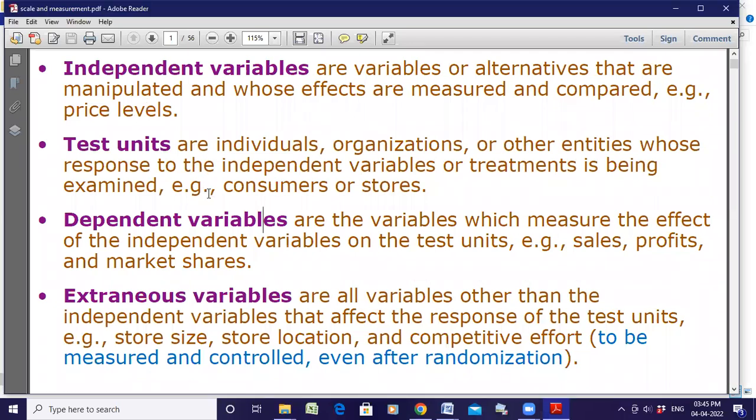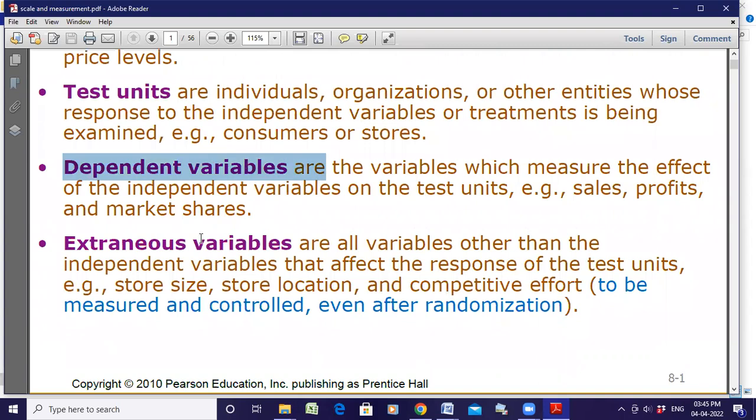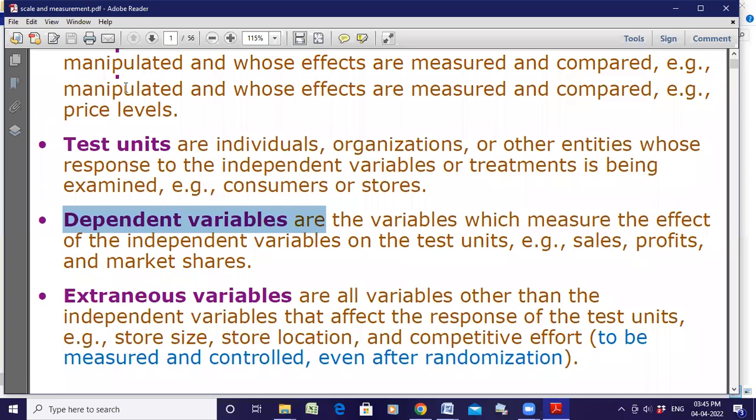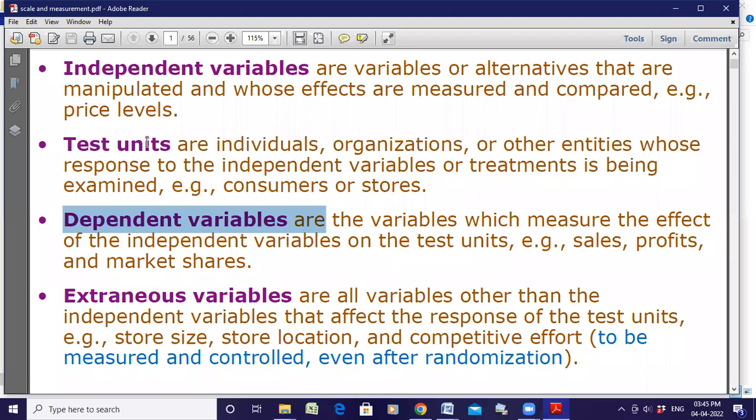And similarly, we have dependent variables, and these are the variables which measure the effect of independent variables on the test unit. So certain effects will be imparted by the independent variables on the test unit, right? Like suppose sales, profits, market shares.